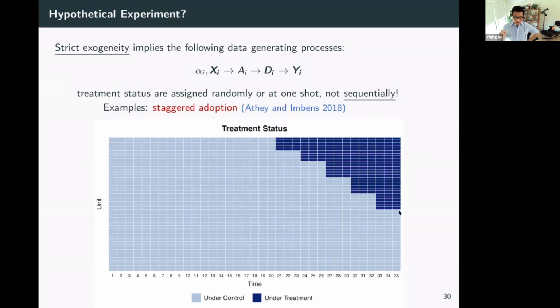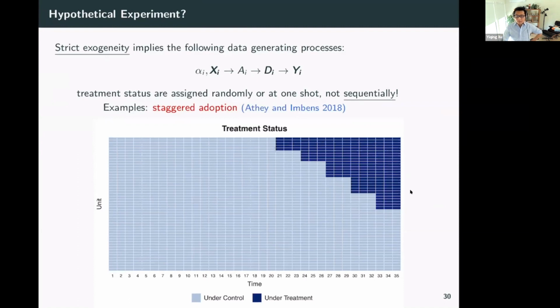Here I want to highlight that the reason staggered adoption is like a stellar poster child for strict exogeneity is that, from a DGP point of view, you forbid Y to affect D, right? Once D turns on, it's already 1. So there's no chance that Y can feed back to the treatment status. That is one reason.